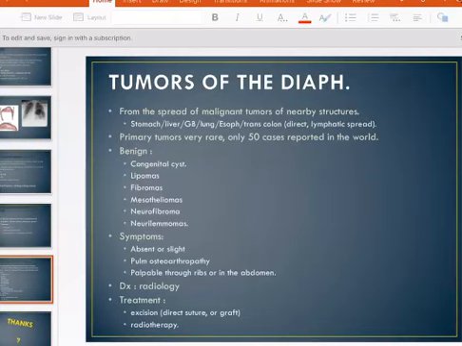Sometimes, because the diaphragm is affected, the pain is referred to the shoulder. Why? Because the phrenic nerve originates from C4-5. So the radiation will be in the neck, the supraclavicular area, or even the shoulder.